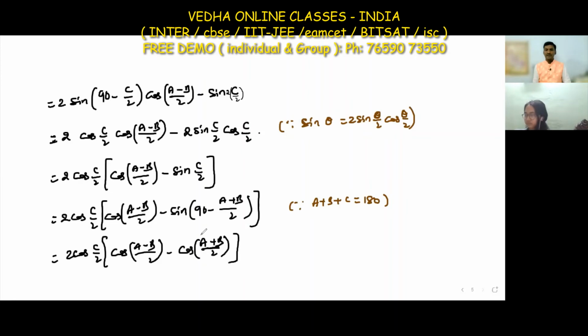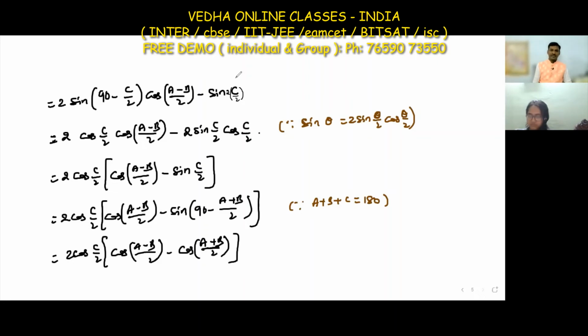Now, the cos A plus B, cos A minus B formula, or cos A minus B minus cos A plus B. So what can we write? Either you can use the direct formula, or you can use the normal cos A plus B formula also here.